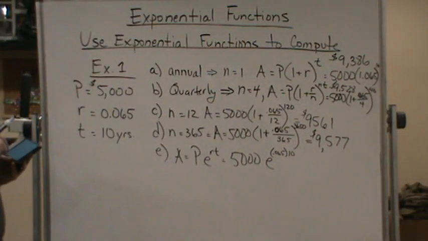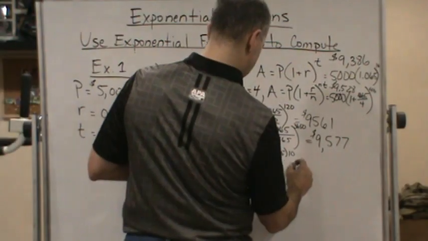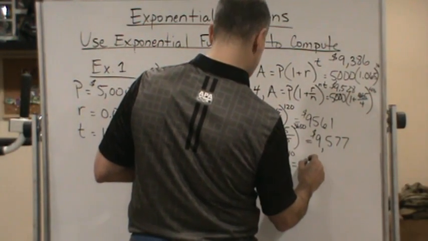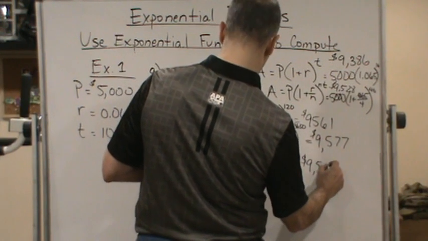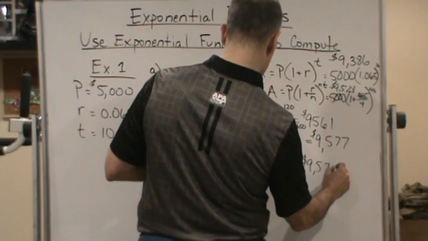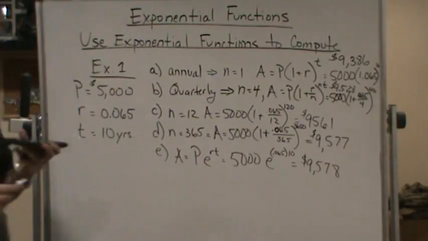So it's going to be e raised to the 0.65 power times 5,000. And so now we get $9,578.